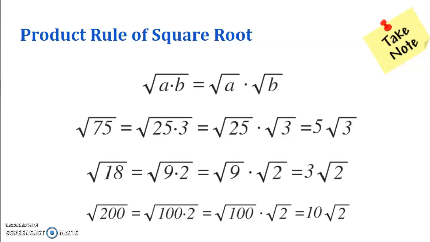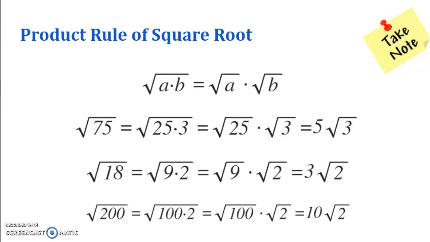So then I can break each of these into a separate radical. Square root of 25 times square root of 3 is the same as square root of 75. And I know that square root of 25 is 5. So it's going to be 5 multiplied by square root of 3. So it's 5 root 3.